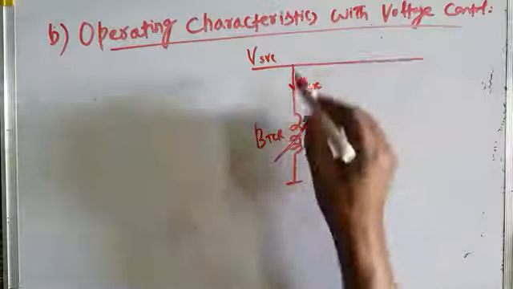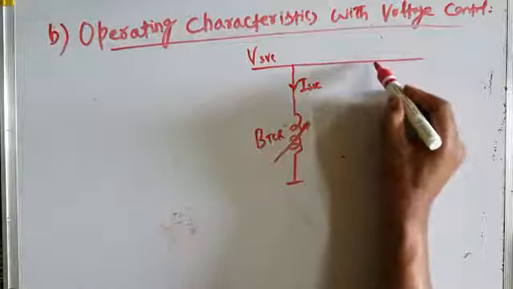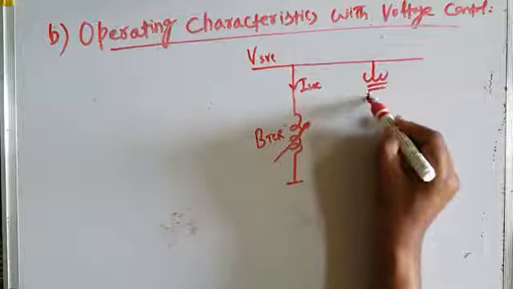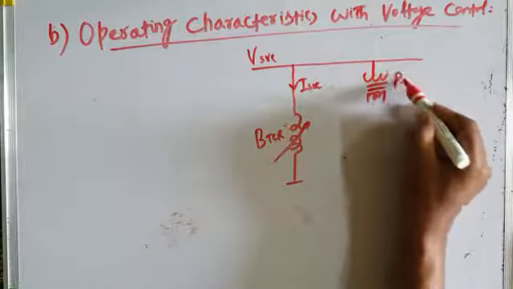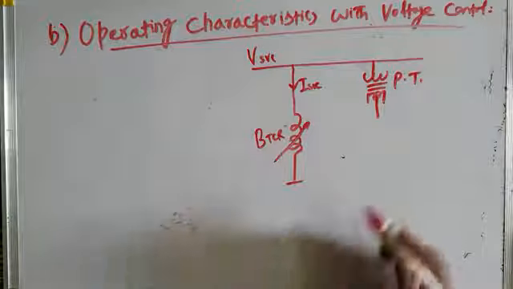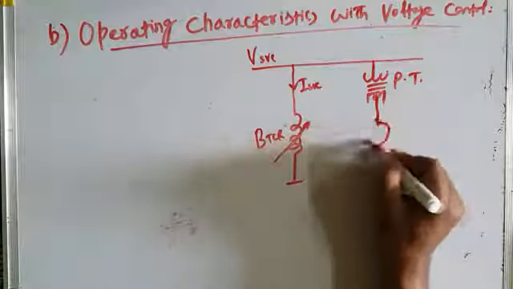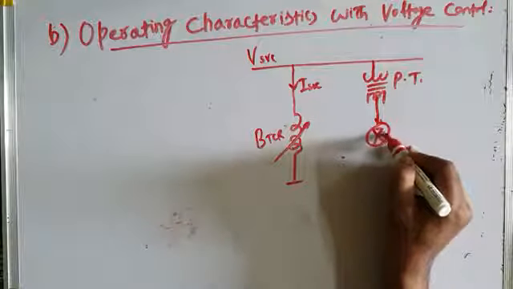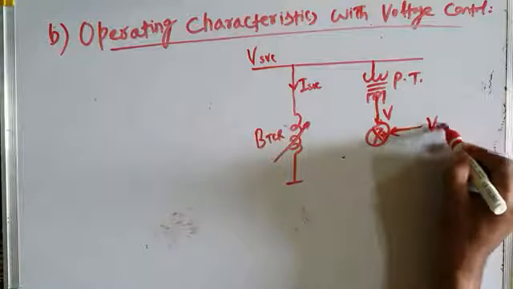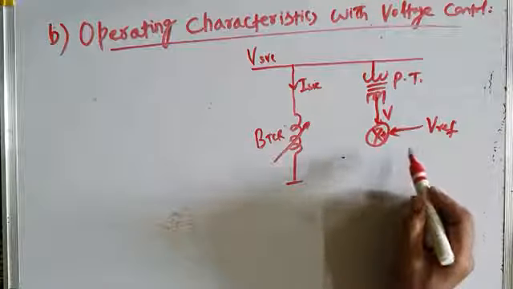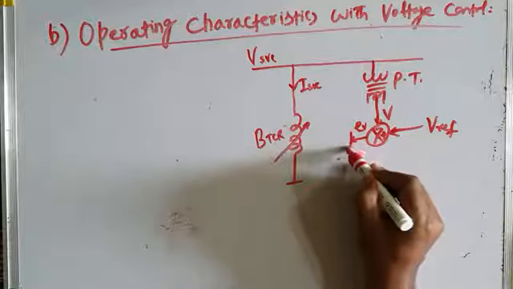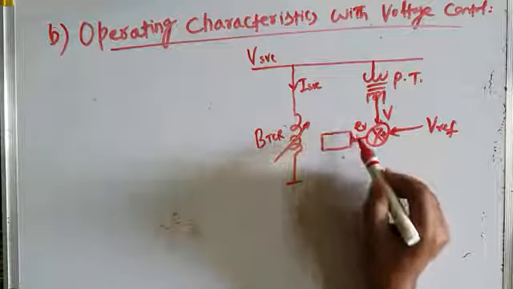Assuming that only TCR is connected, then for control purposes, we are connecting a potential transformer PT, which senses the voltage and steps it down to safe values, and compares this bus voltage with the reference voltage VREF. Any error in the voltage, EV, is processed by a PI controller and given to a controller.